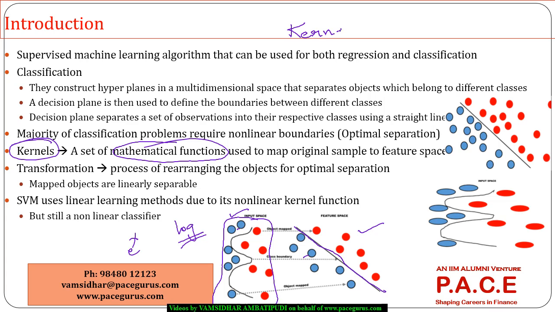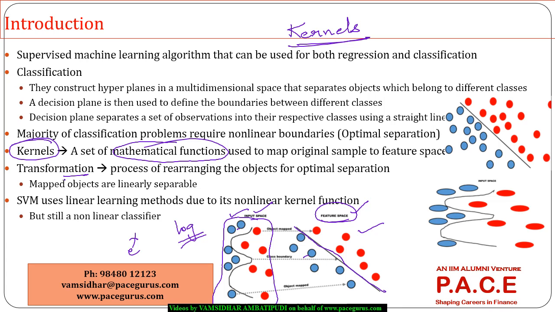They support different sets of kernels for transforming the data from one form to the other. So the values in the original input space would be transformed into new values which will go as part of the feature space, and the transformation between the values is typically observed.